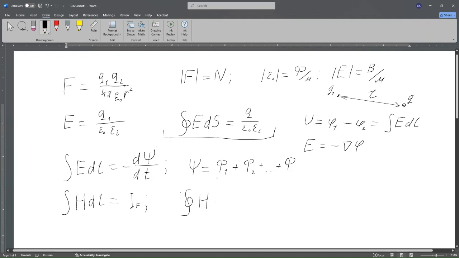The integral of B dS around the surface equals what do you think, equals zero. Zero. And we have the four laws of Maxwell in integral form. First, second, third, and fourth.